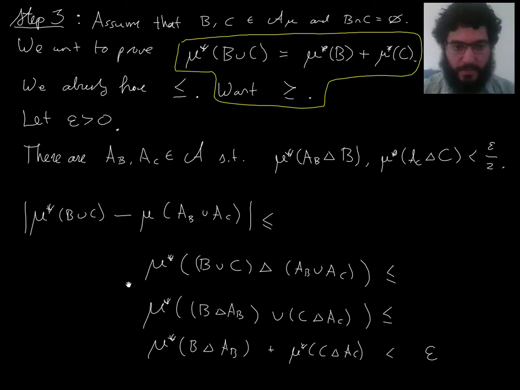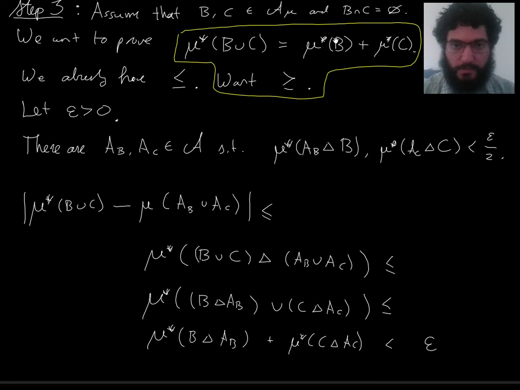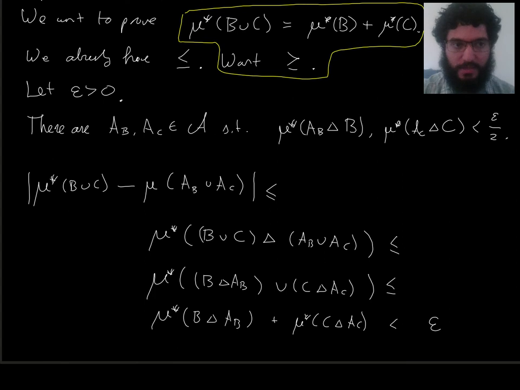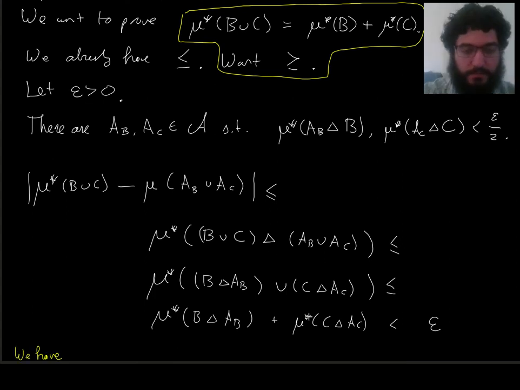Cool, so let me write down what aspect of my goal I've got here, given the estimate that I just made. So remember, this is my goal. What I've got so far is that mu star of B union C is no more than epsilon away from this number, mu of AB union AC.